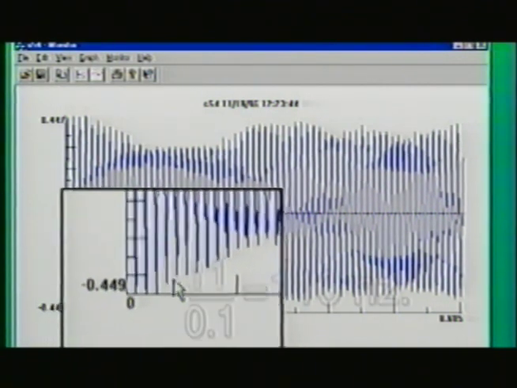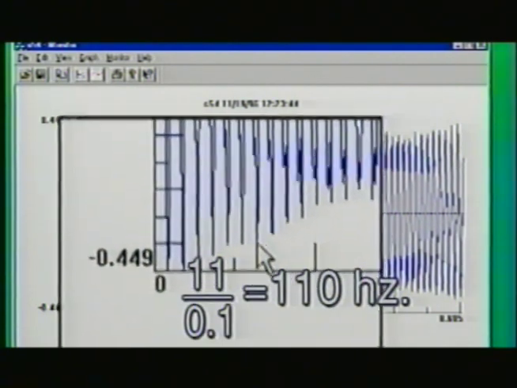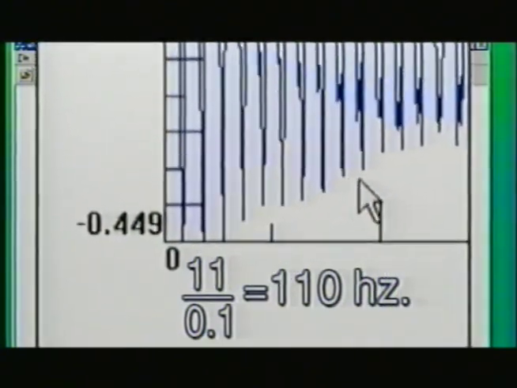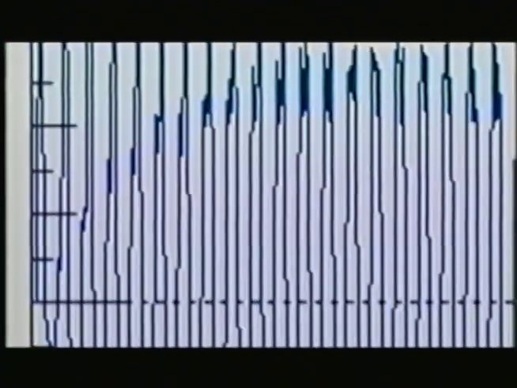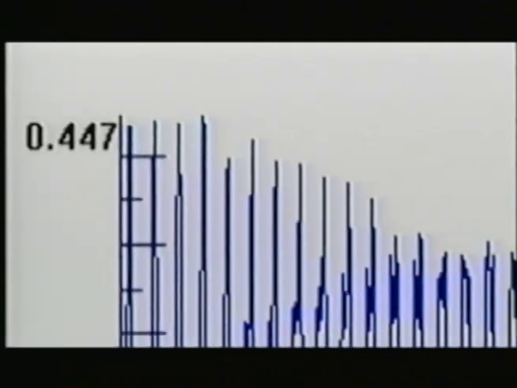Here we have approximately 11 peaks over 0.1 second, or 110 hertz, which agrees with the previous calculation. Note the higher frequencies coming in here, and lower frequencies, or beating, showing up in the waveform envelope.